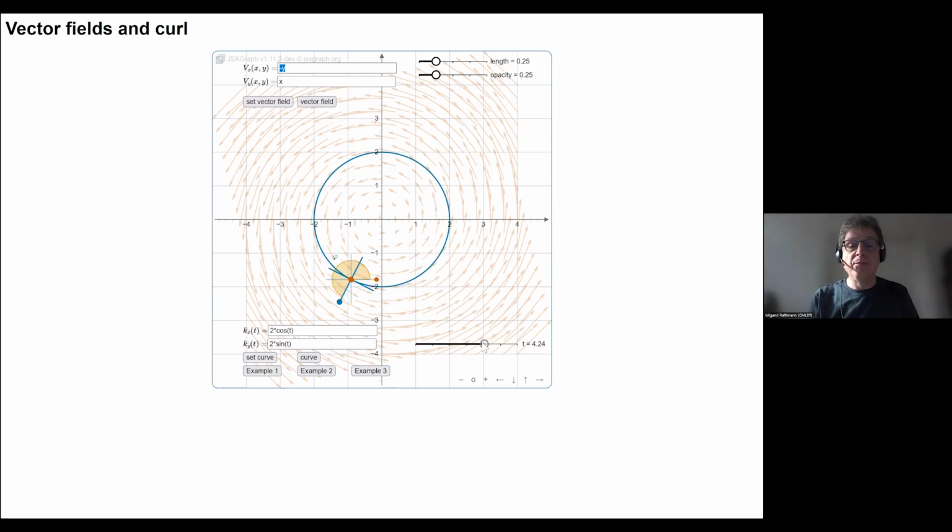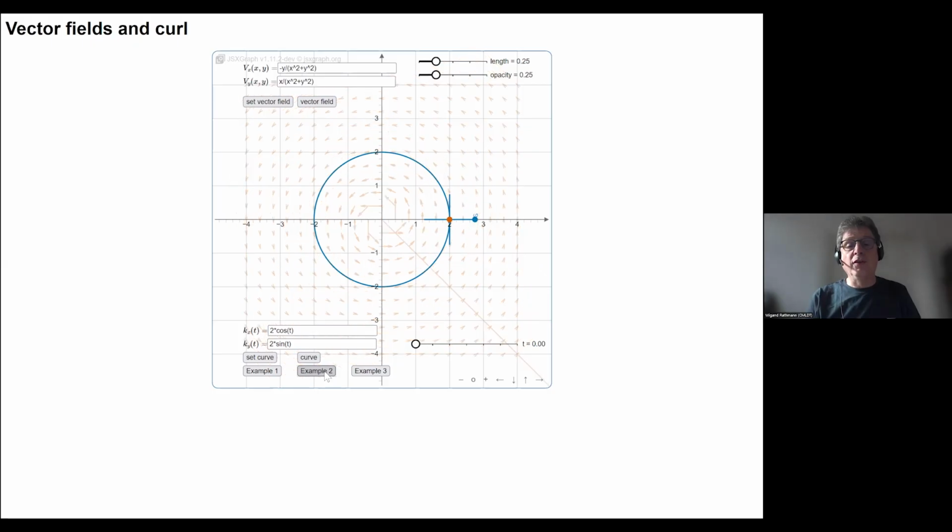And you will see, if you look at the blue point at the end, we have done one rotation about our own axis. If you take different vector fields like that one, it's a bit different. You see it's minus x, but we have divided this by the square of the 2 norm. Then we see nothing happens.